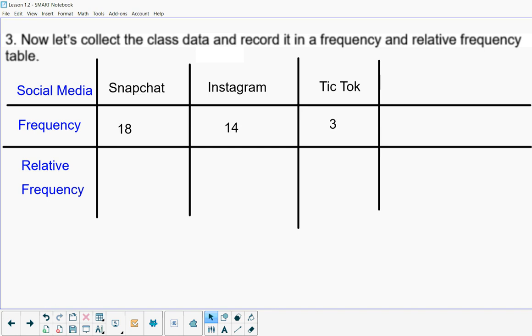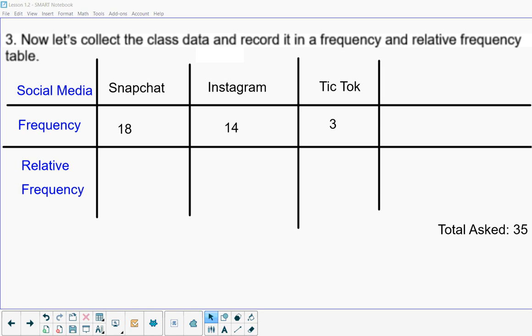And so if we add those together, we should have a total of 35 individuals that were asked. The total is important because that's going to help us with the relative frequency. And again, relative frequencies we typically express as a decimal, usually 3 decimal places. And then remember, if you have anything that's repeated, you put a bar over the top.